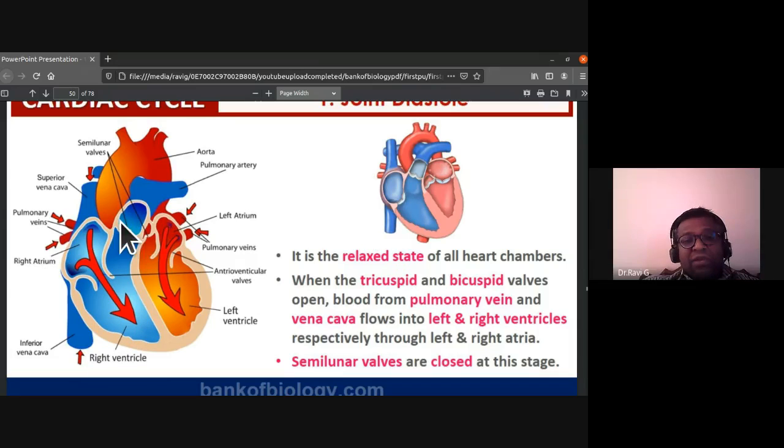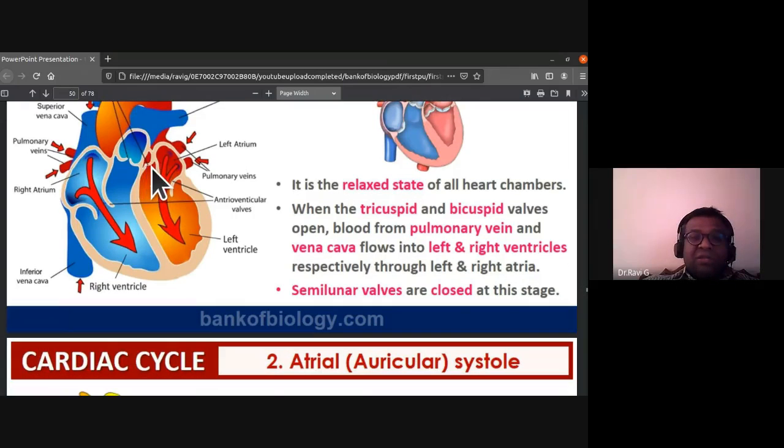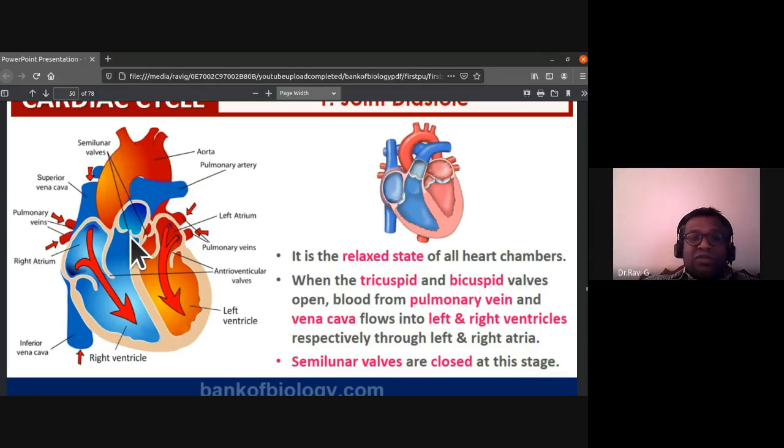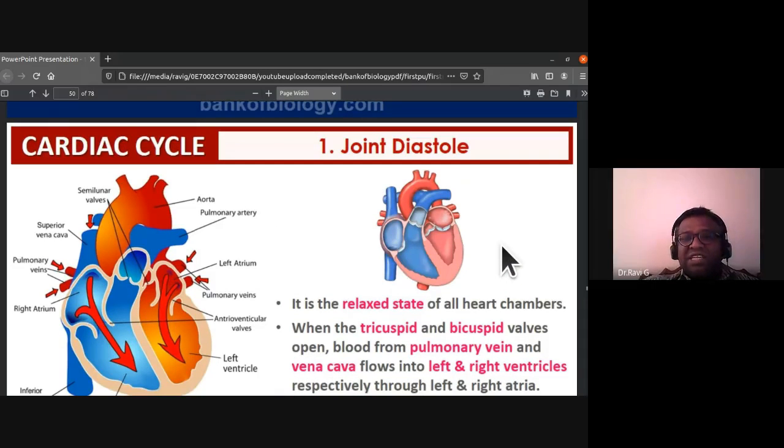The semilunar valves of the pulmonary artery as well as of the aortic arch are closed. This is joint diastole, the resting stage.